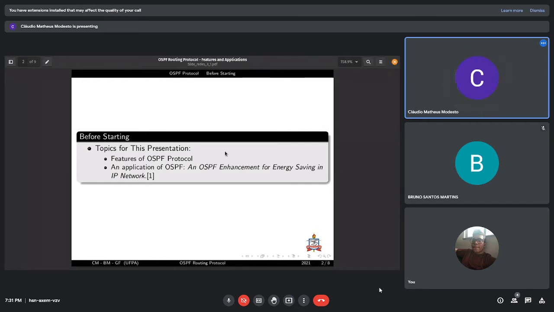The presentation covers the features of the OSPF protocol and its functionalities, and also an interesting application of OSPF, a paper called "OSPF enhancement for energy saving in IP network."